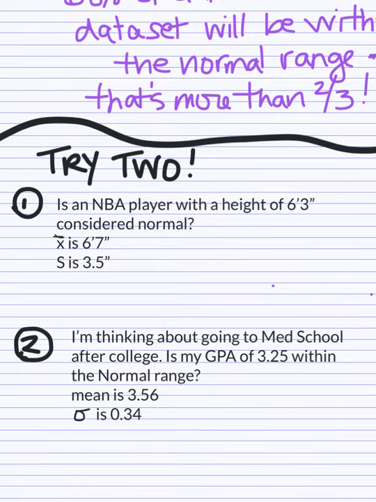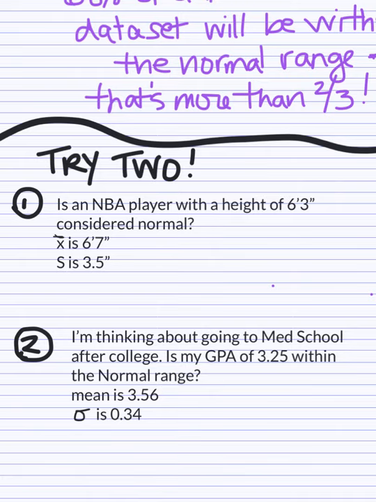But in the NBA, the average height is 6 feet 7 inches. And there's a standard deviation of 3.5 inches. So first, we're going to find the normal range, and then we're going to answer that question of whether this particular NBA player has a normal height for the NBA.